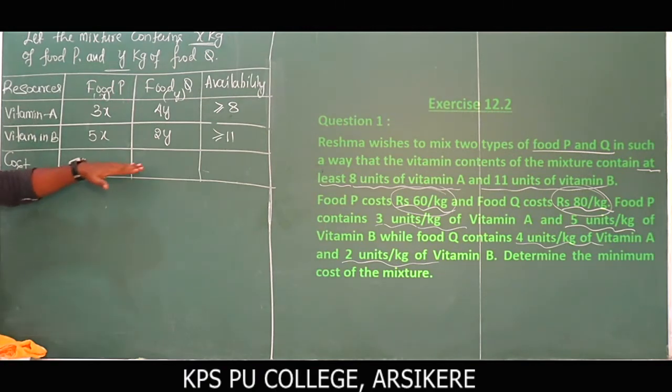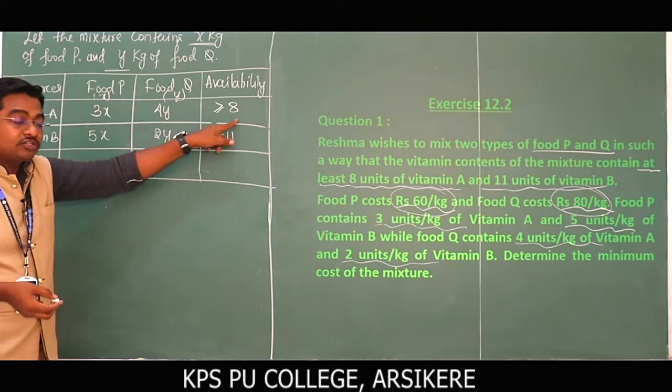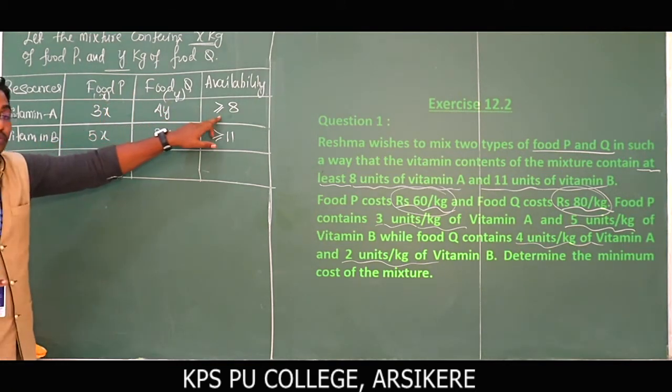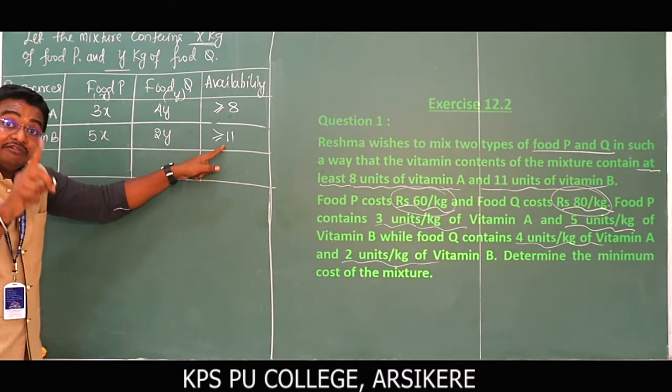Clear? This is very important, please remember. So vitamin A: 3x plus 4y greater than or equal to 8. So the total amount of vitamin A in the mixture must be at least 8 units. Clear? Similarly for vitamin B, that becomes at least 11 units.